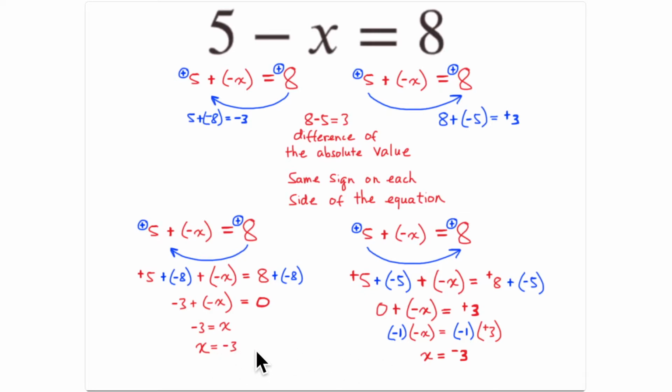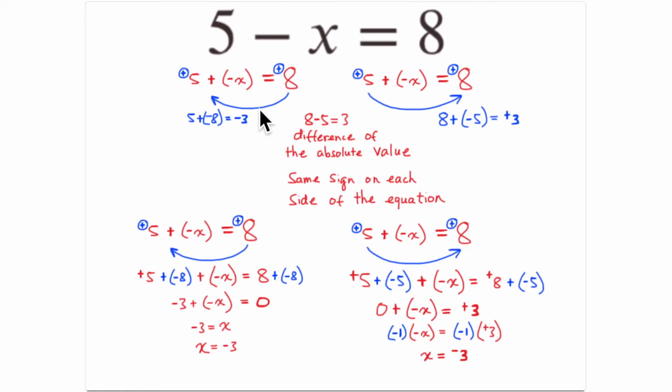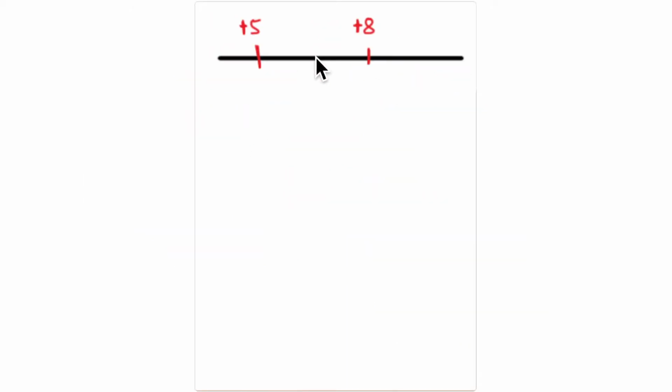So to get another idea of what's going on, let's put this on a number line. So this is 5 minus x, and I'm going to rewrite that as 5 plus a negative x. Well, how do you move to the right? So you're moving from 5, you're adding a value, a negative, the opposite of whatever the value of x is, and you're ending up moving farther to the right.